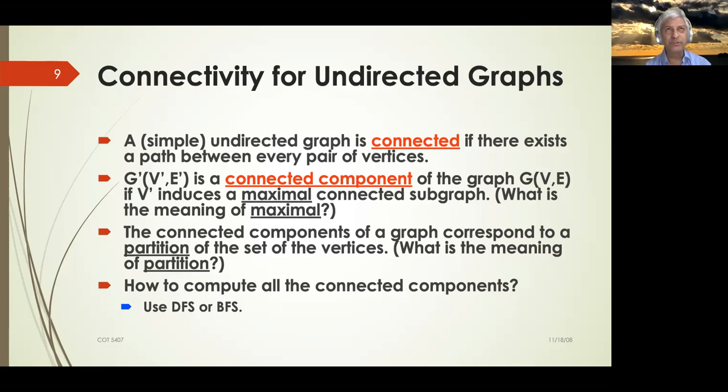So one way to check if a graph is connected is to simply run depth first search the way it was described on a previous slide. And if you just get one depth first search tree, then what you have is a connected graph.